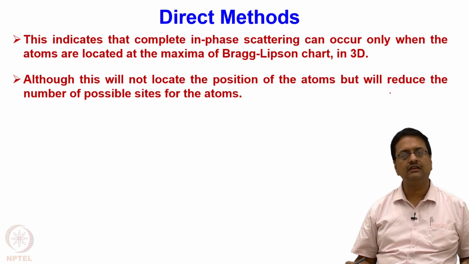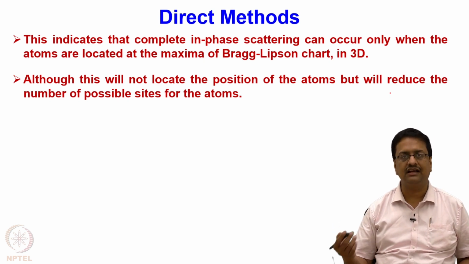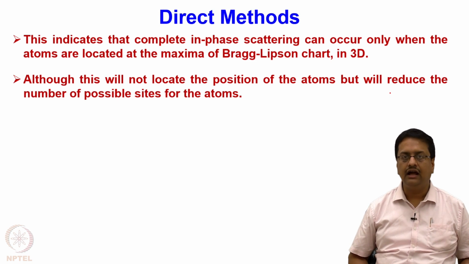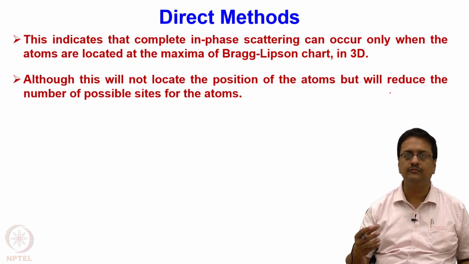Although this will not actually locate the positions, that is the coordinates of the atoms, but will reduce the number of possible positions or sites of those atoms, and we will be able to identify the more electron density regions in the unit cell.